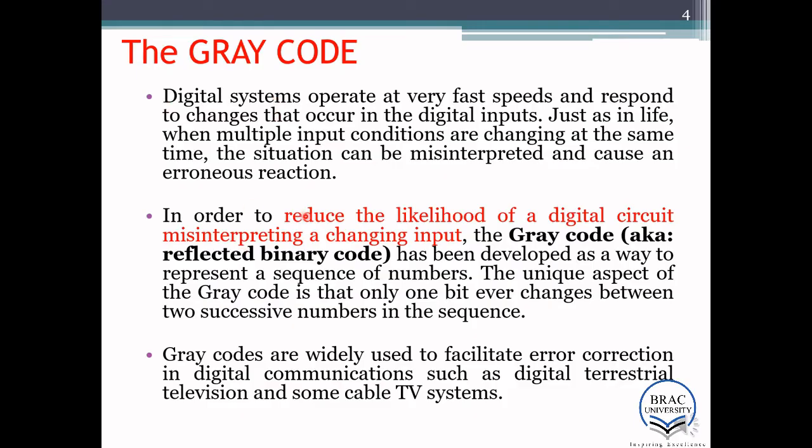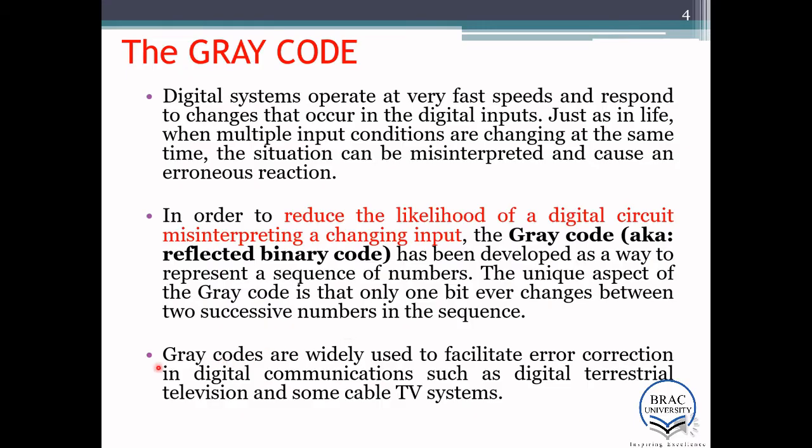So in order to reduce the likelihood of a digital circuit misinterpreting a changing input, the Gray code, which is also known as reflected binary code, has been developed as a way to represent a sequence of numbers. The unique aspect of Gray code is that only one bit ever changes between two successive numbers in the sequence. So if you have a sequence, then only one bit changes.